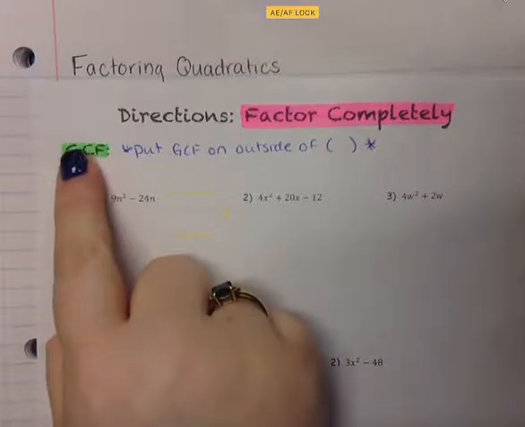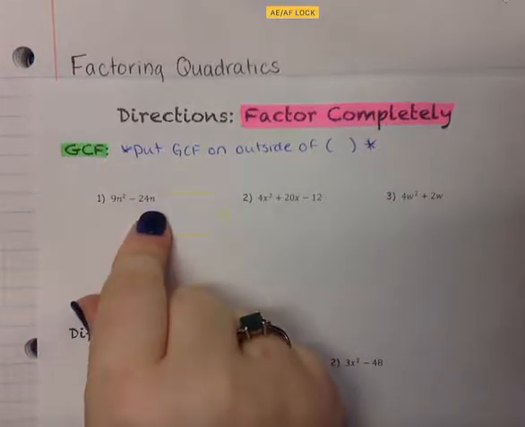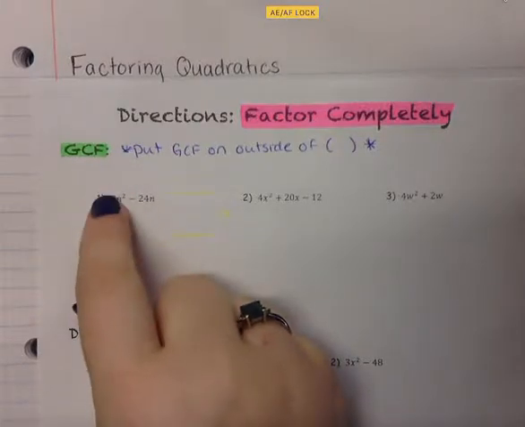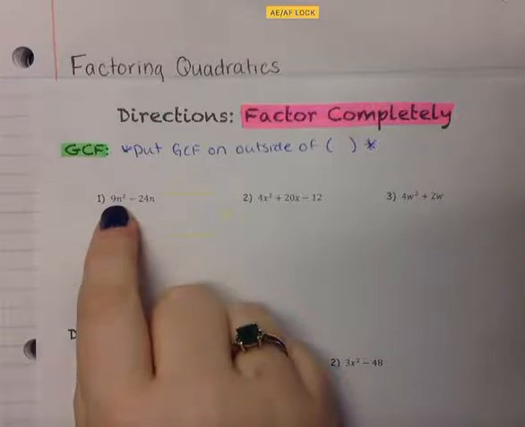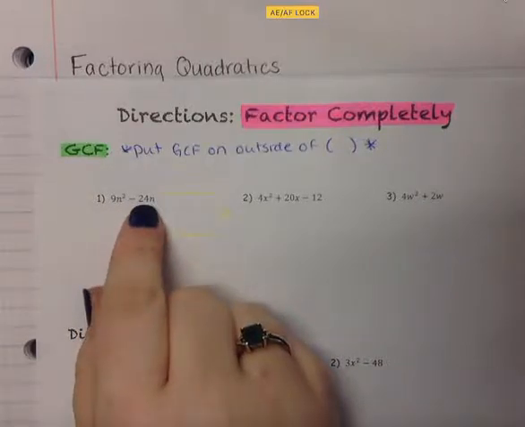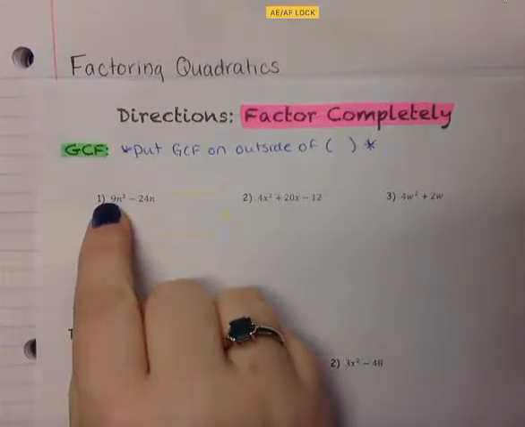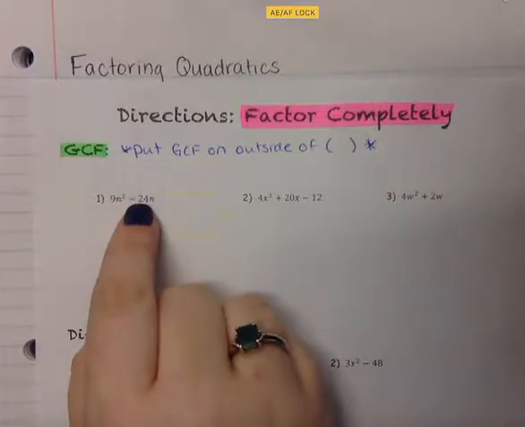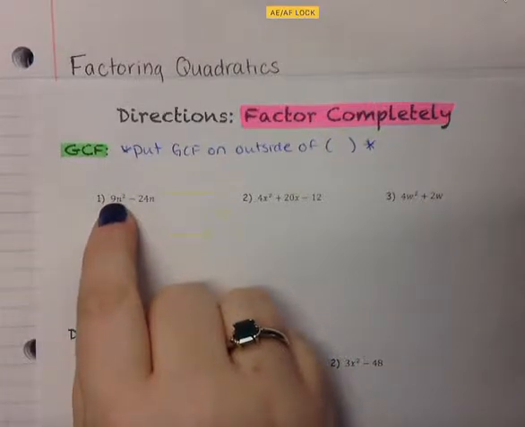GCF is the greatest number and or letter that can go into all terms, and each of these terms can be divided by it. If we look at this first problem, we have 9n squared minus 24n. If we look at our number first, we look at our smaller number, because nothing bigger than 9 can go into 9. 12 can be multiplied by 2 to get 24, but I cannot divide 9 by 12 and get a whole number.